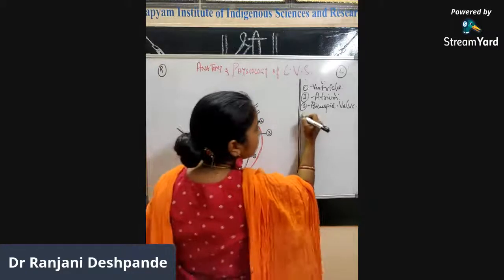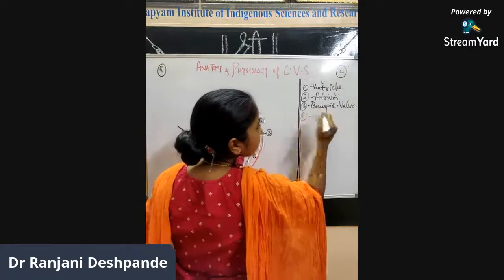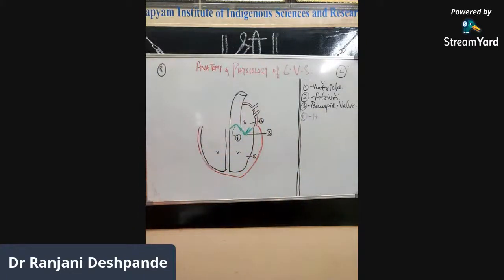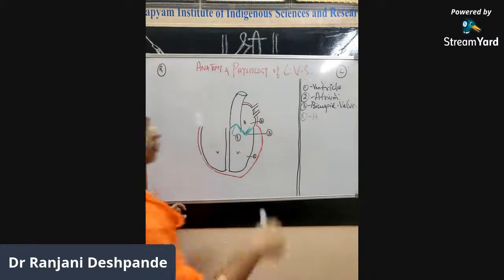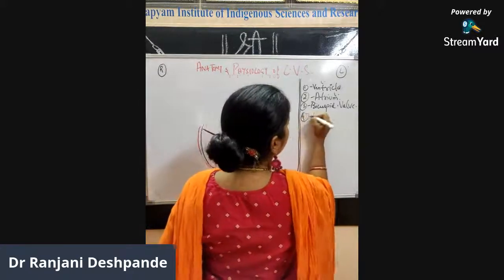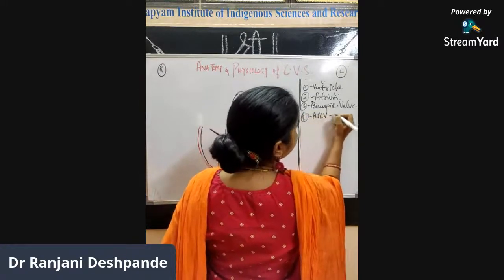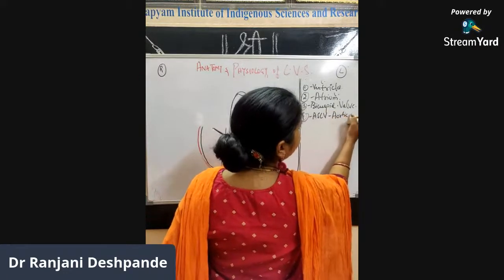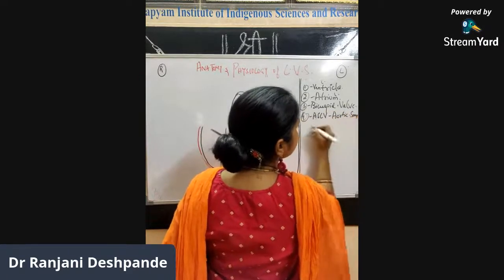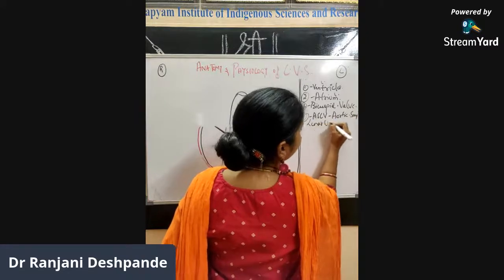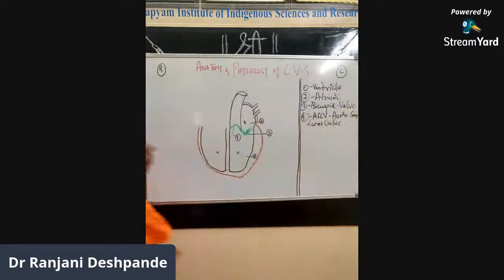So 4 is ASLV, that is aortic semilunar valve. So we have now 1, 2, 3 and 4.